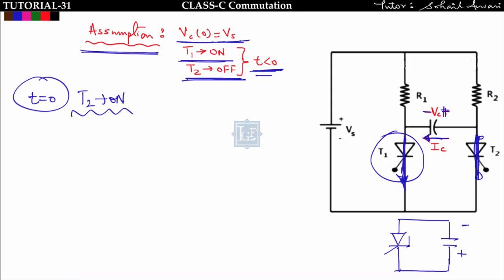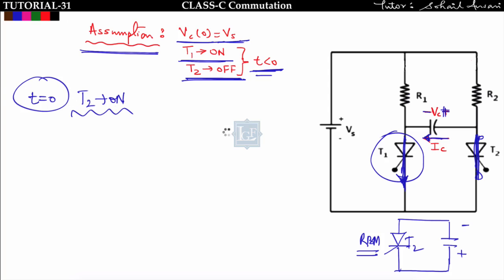So this thyristor T1 will go into the reverse blocking mode, because the cathode is connected with plus and the anode is connected with minus. So it will turn off. The moment T2 is triggered, thyristor T1 will be off. So these two thyristors are working in complementary fashion. That's why class C commutation is known as complementary commutation. So when I trigger this T2, then T2 will be on.